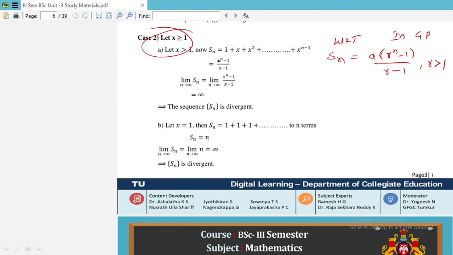Therefore Sn is x raised to n minus 1 divided by x minus 1. If you apply the limit, this tends to infinity. Therefore the partial sum Sn is divergent, so the series x^n is divergent.